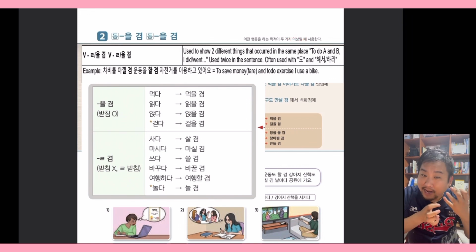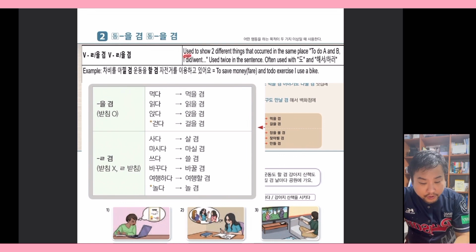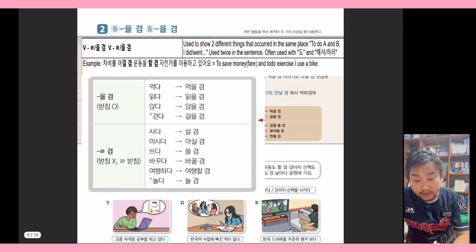So your certain act has more than 2 purposes, used to show 2 different things done in the same place, to do A and B. So when there is 받침, we say 을겸, with no 받침 or 리을 받침, ㄹ겸.